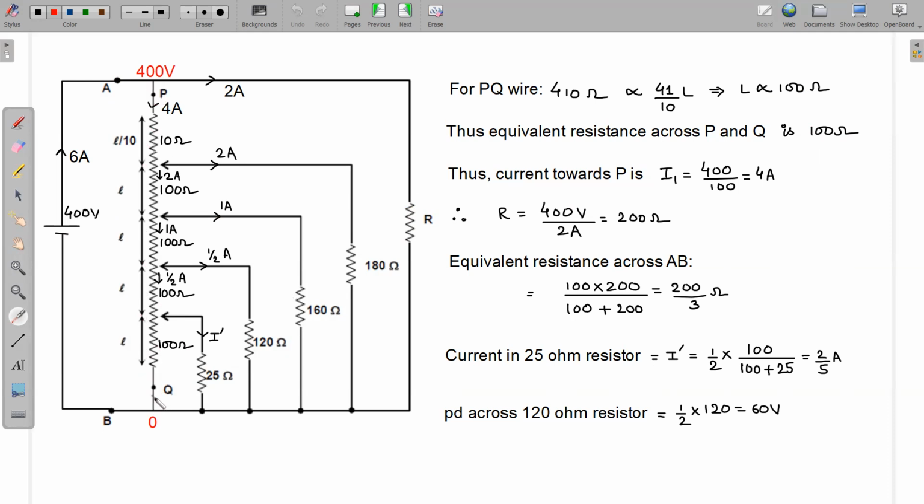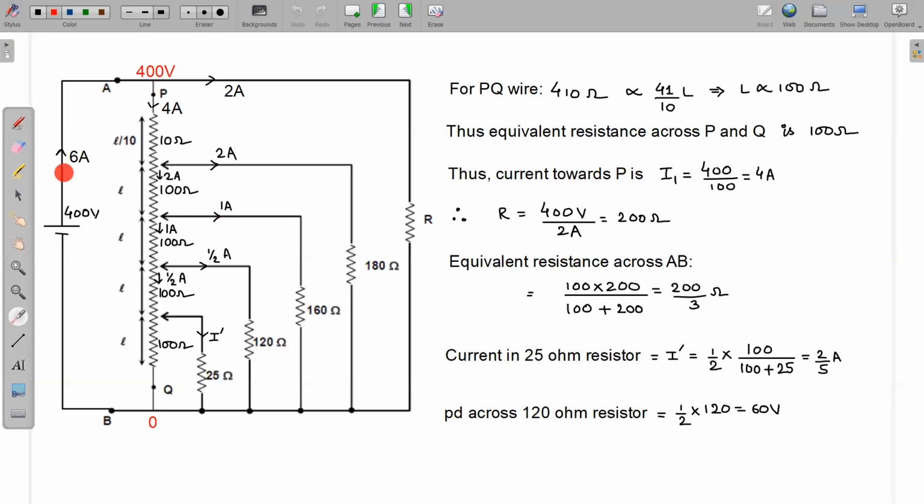If you take point Q or point B as 0 volt, then point A or the point P is at 400 volt. We know that the equivalent resistance across P and Q was 100 ohm. So the current that will be going towards P will be 4 ampere, which is 400 divided by the equivalent resistance across PQ, 100. So the current entering through P is 4 ampere.